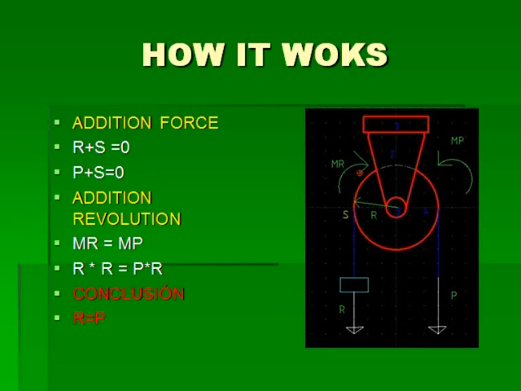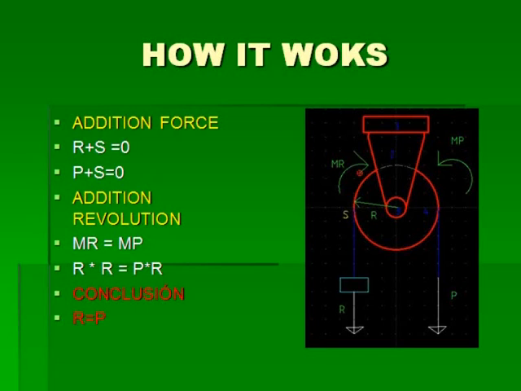On the right hand, there is a revolution that makes the wheel go to the left, and it is the multiplication of stress and the radius of the wheel.